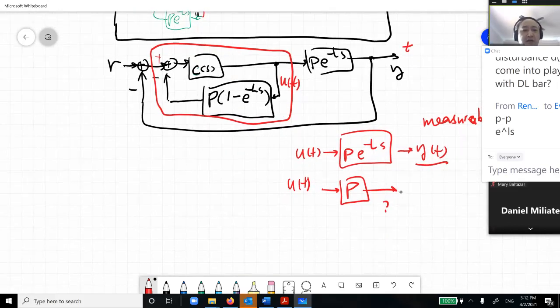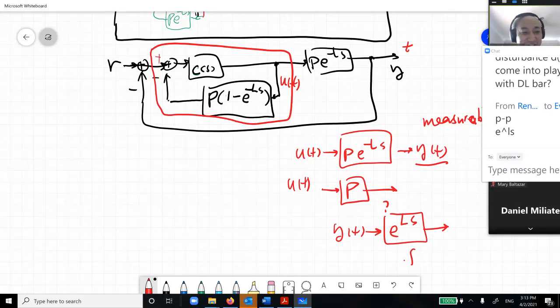This is actually equivalent to y of s going through back e^{Ls}. So it's not delay, okay? So this is future. So in other words, u times P is a prediction of y at t plus L.